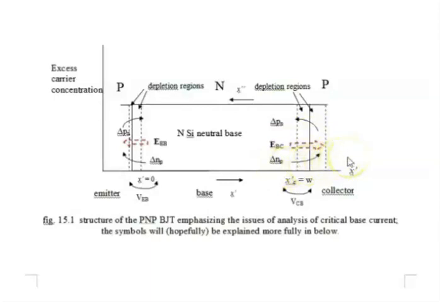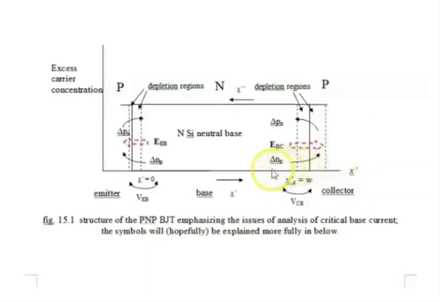One of the reasons that it is small, in fact the main reason, is because we have a negative voltage at the collector, which repels these guys. Negative voltages repel electrons.